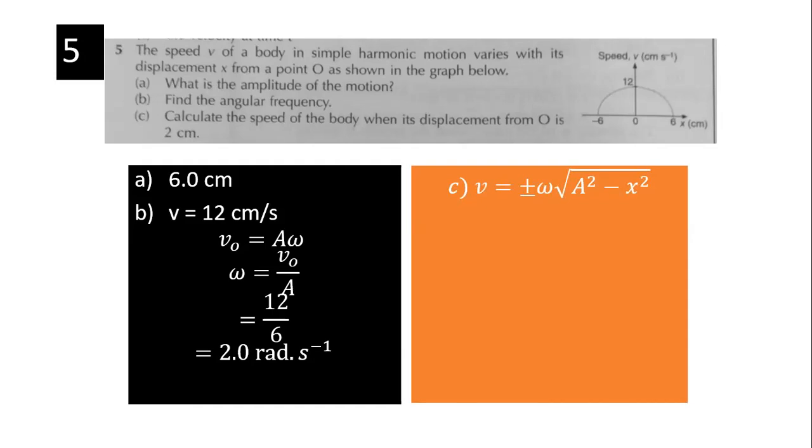What's the answer? Square minus 2 square. I didn't ask you the formula. I have given you the formula already. I just want the answer. 5.7. Right? It shows you the top there. That means they want the positive part. That's all. Omega, we have calculated omega. Then amplitude is 6. And then x is 2. So I use cm. My answer will be cm per second.